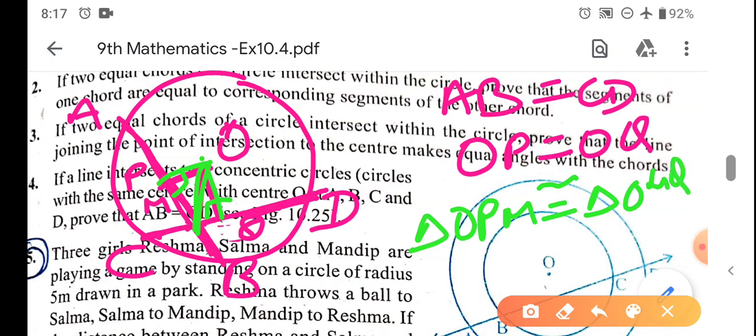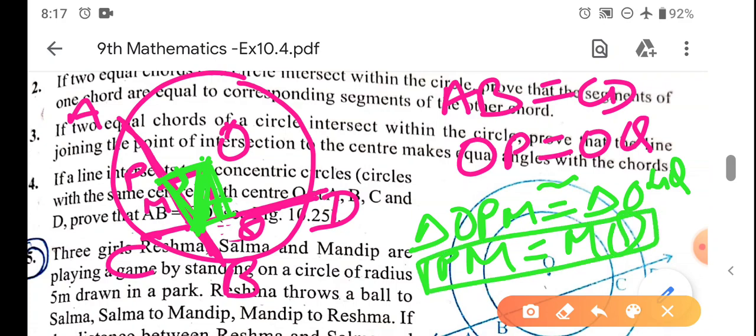Understand? OP is equal to OQ, OM is common, and this angle is equal to this angle. So by using these criteria, these two triangles are congruent to each other. So we can write that PM is equal to MQ by CPCT.